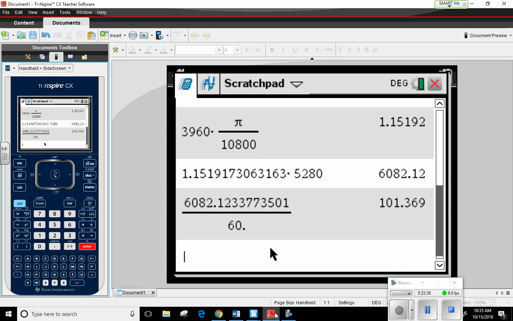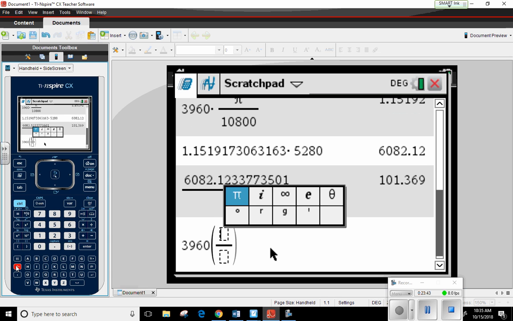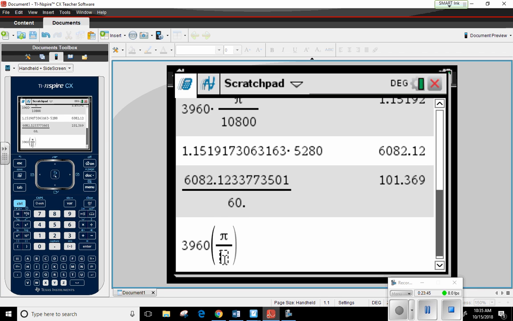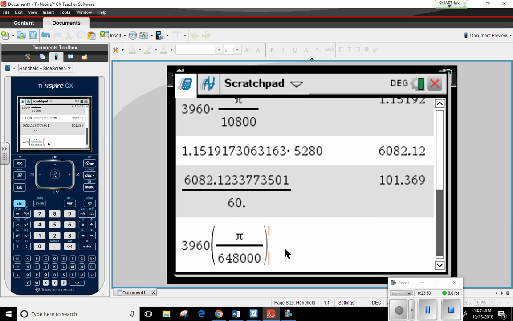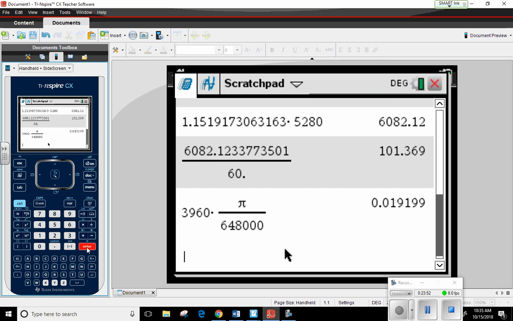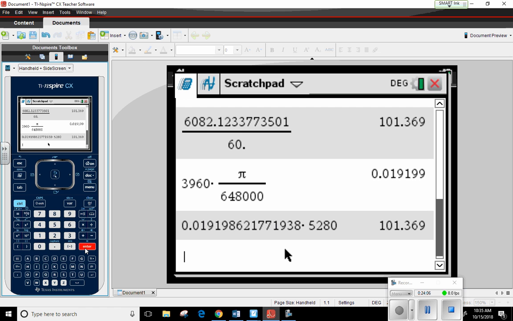So let's see here. 3960, parentheses, pi over, what, 648,000. Okay. Now remember, this is still in what? Miles. So about 0.02 miles, not very far at all. So just like on the last one, I'm going to convert it to feet by multiplying by 5,280. And isn't that exactly what we got just a moment ago?